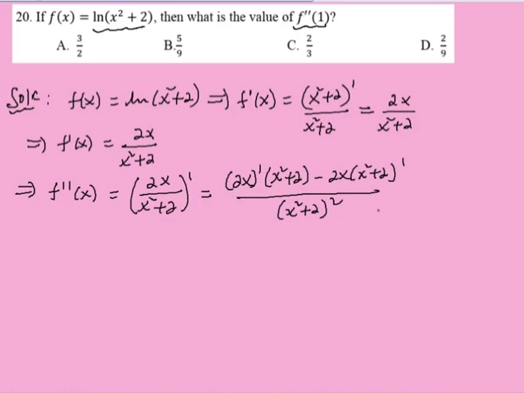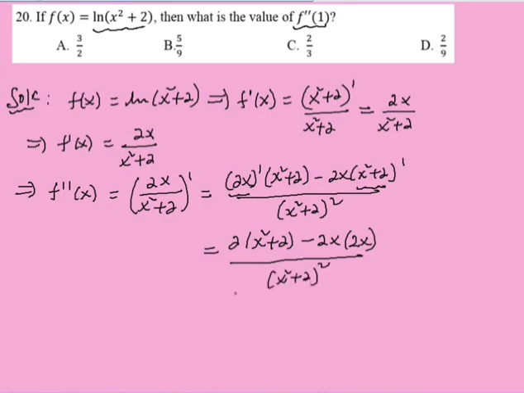Now this is the same as the derivative of 2x, which is 2, times x squared plus 2, minus 2x times the derivative of x squared plus 2, which is 2x, over x squared plus 2 the whole square.